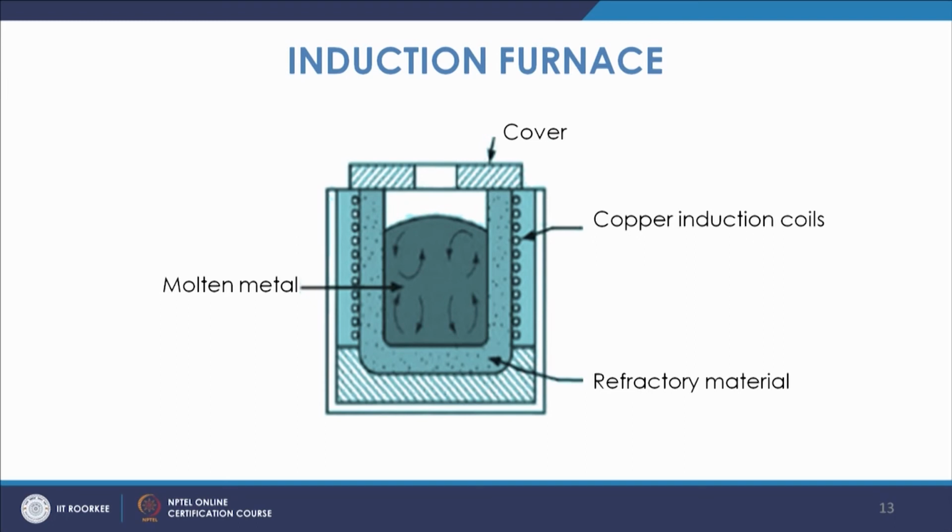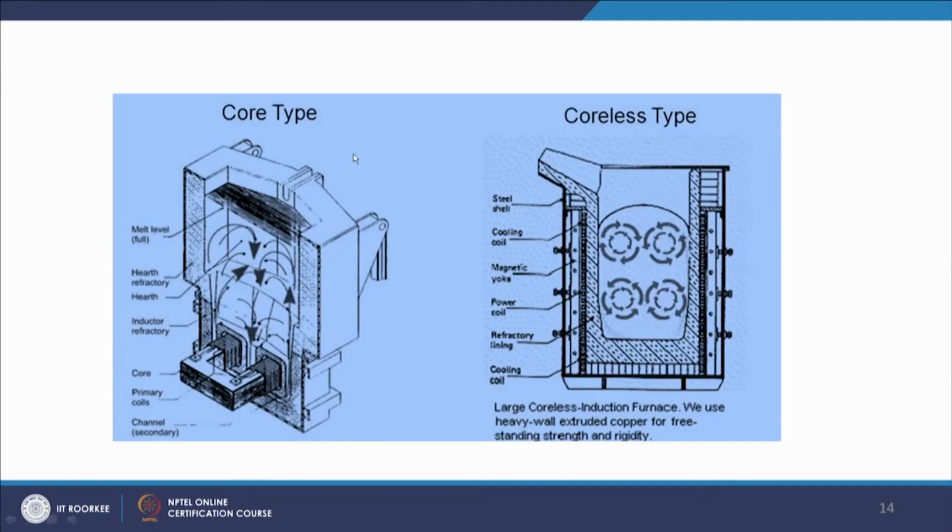Induction furnace is normally of two types. You have the core type of induction furnace and the coreless type of induction furnace, as you see. Further, you have high frequency and medium frequency kinds of these furnaces.